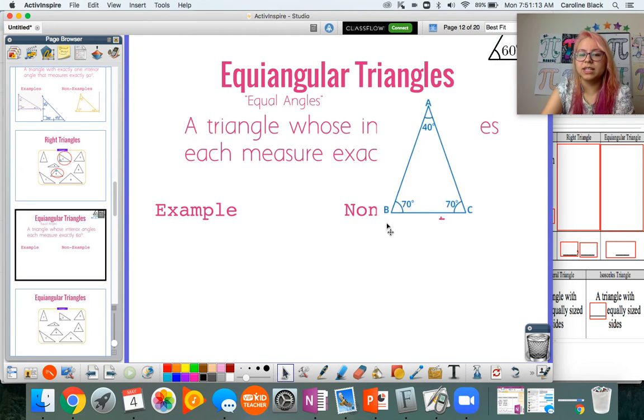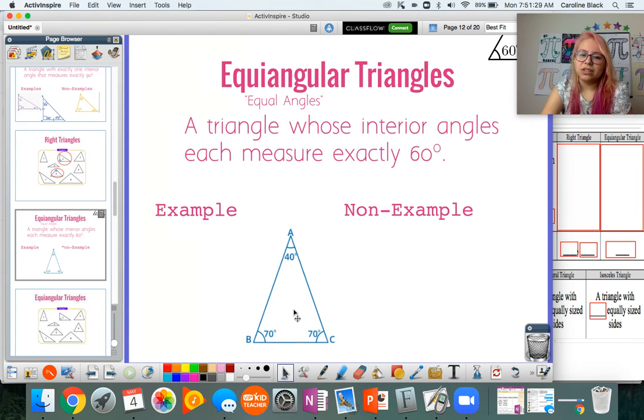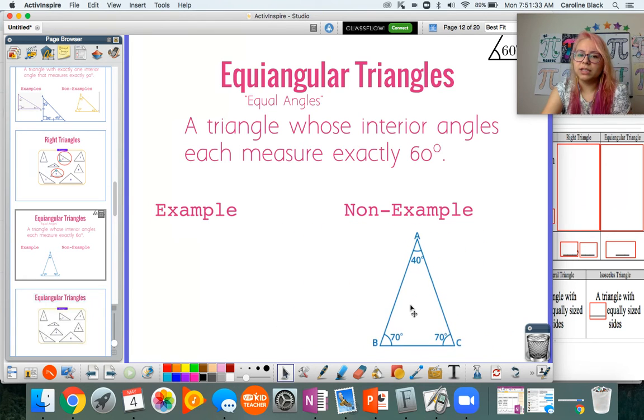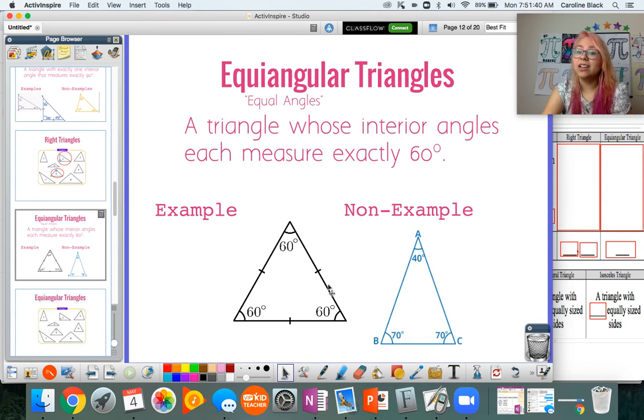So if you look at this example, I have one 70-degree angle, another 70-degree angle, but our third angle is not 70 degrees. It actually cannot, because then it won't equal 180. So all 3 of these angles are not the same. This is not an equiangular triangle. But if you look at this one, all 3 angles are the same, and they equal 60 degrees.